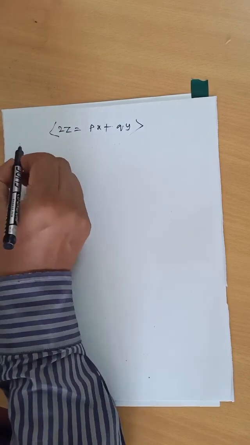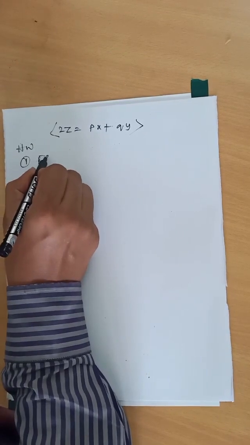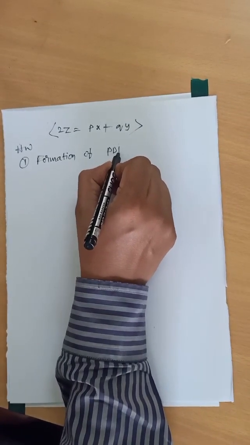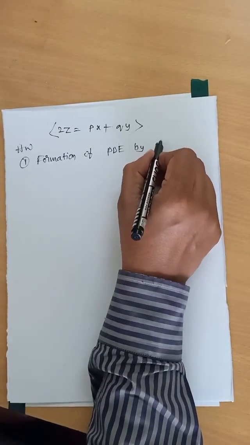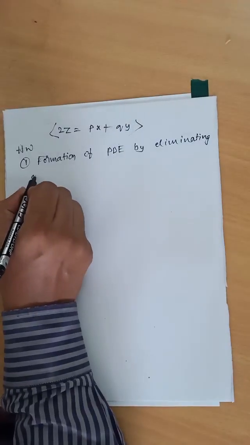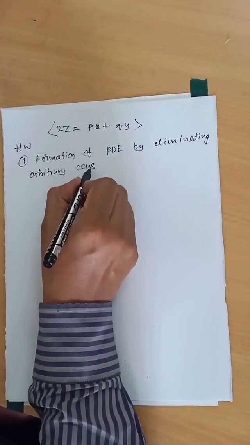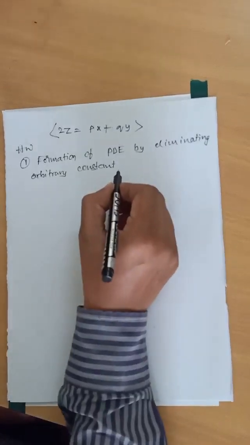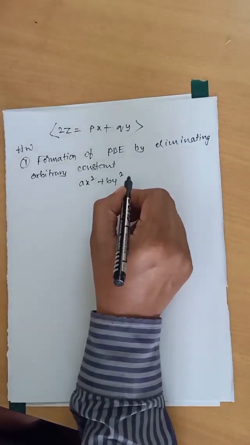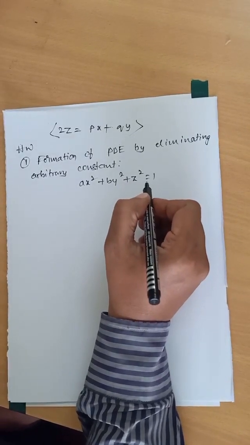Next, this is a homework problem. Formation of partial differential equation by eliminating arbitrary constant: ax square plus by square plus z square equal to 1.